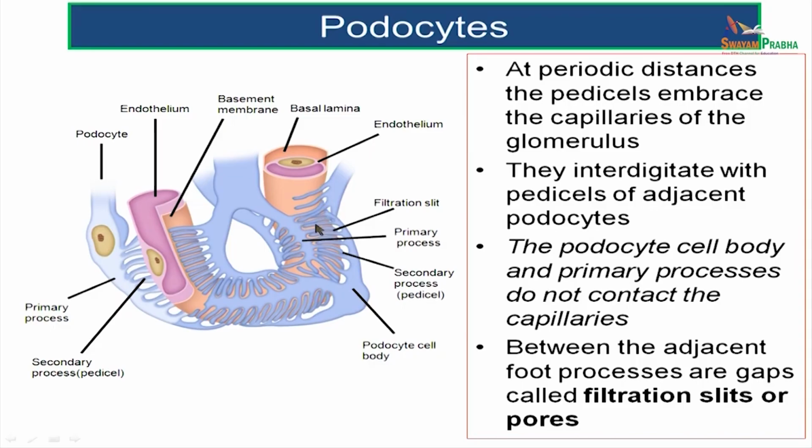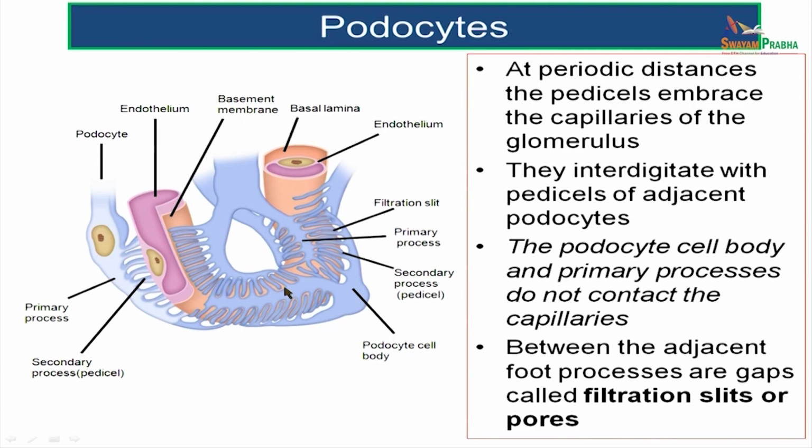They are going to interdigitate with the pedicels of the adjacent podocyte. This is one podocyte, this is other podocyte, this is the pedicel of this podocyte and this is the pedicel of the adjacent podocyte. So, between adjacent foot processes you have gaps.